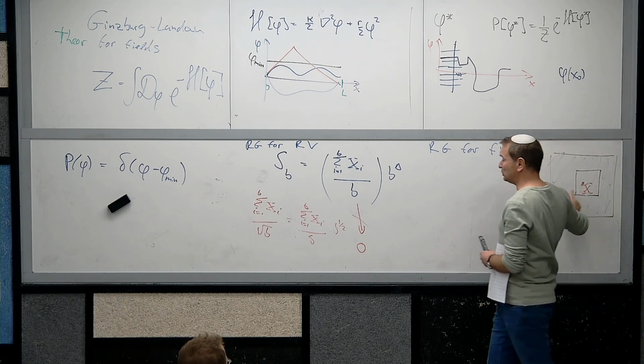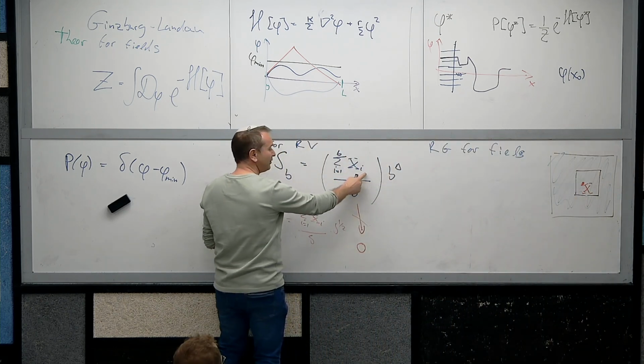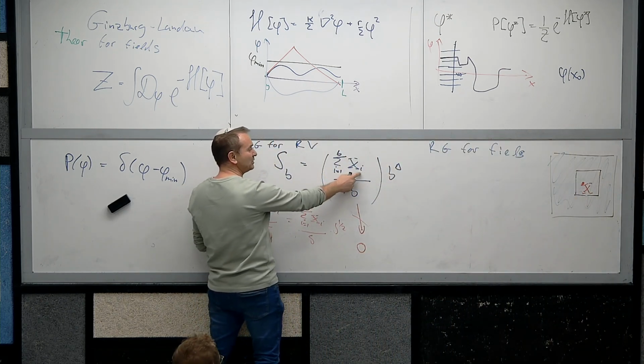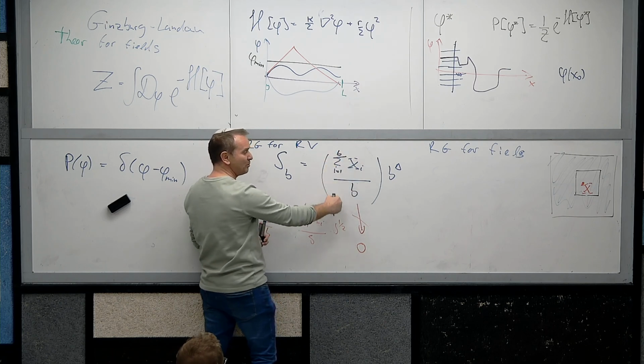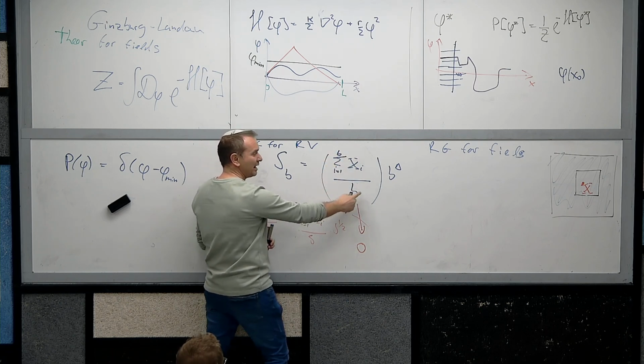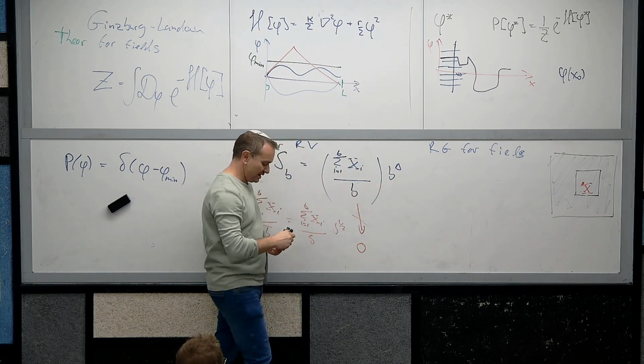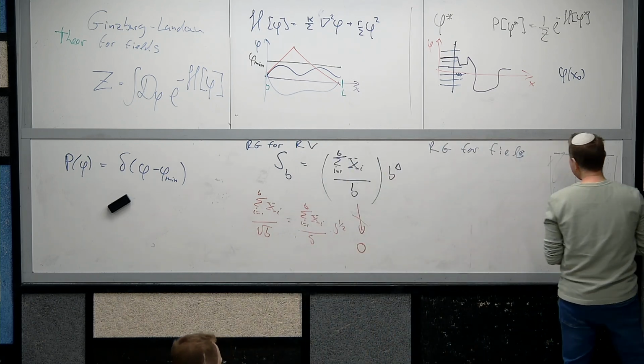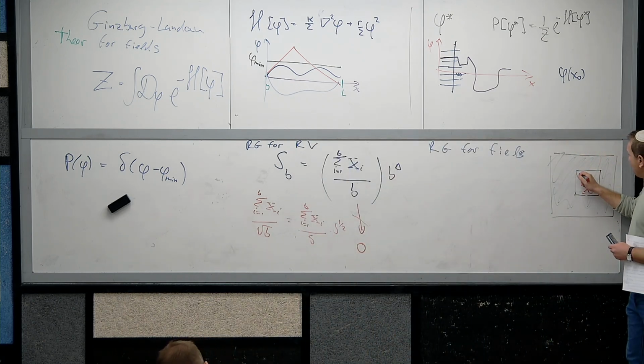One single value. So like here, instead of looking at many different random variables, I average over many different random variables, and I multiply it by b to the delta. Here, I have many different values of the field inside this box, right?